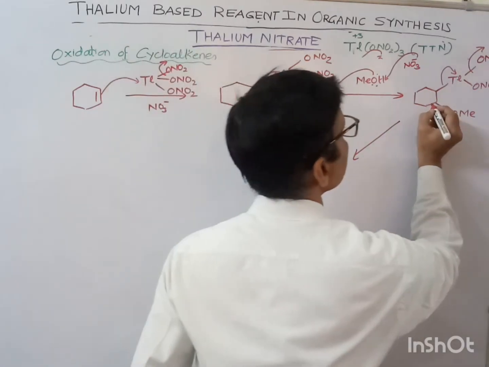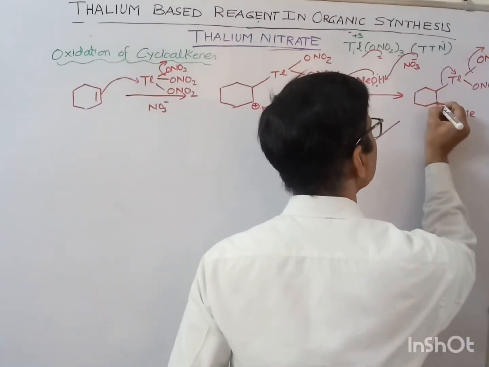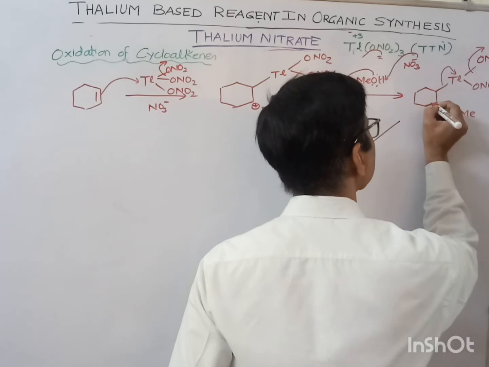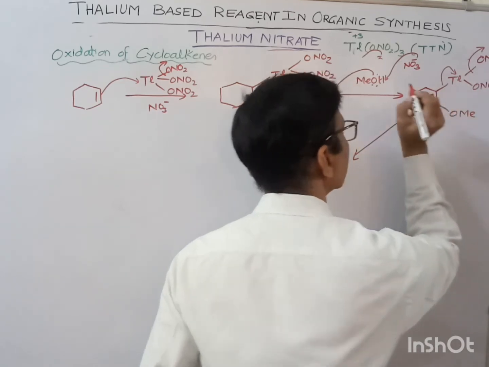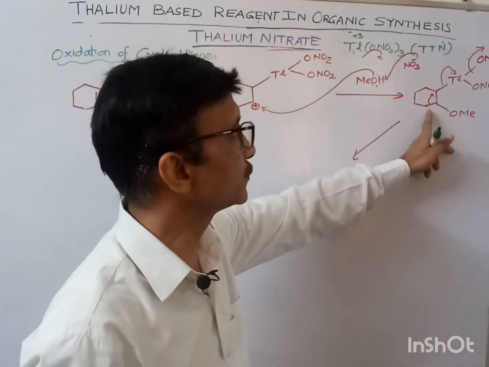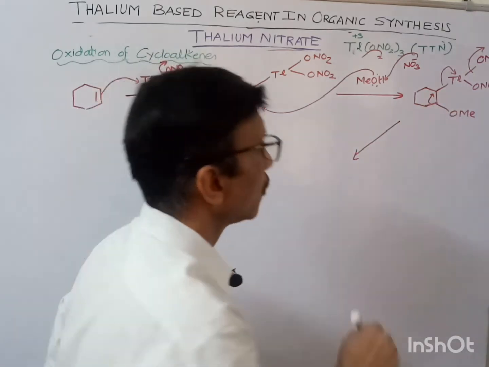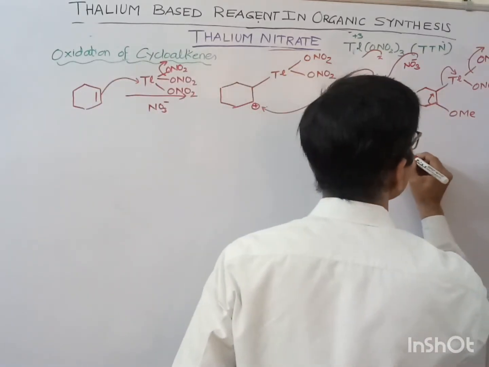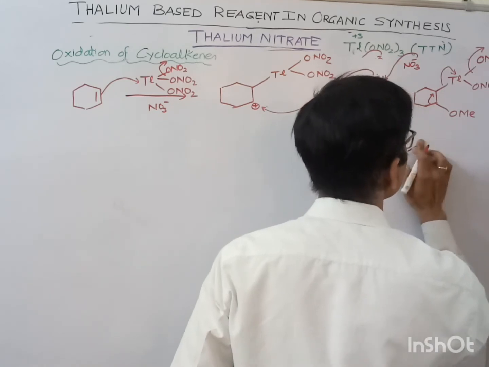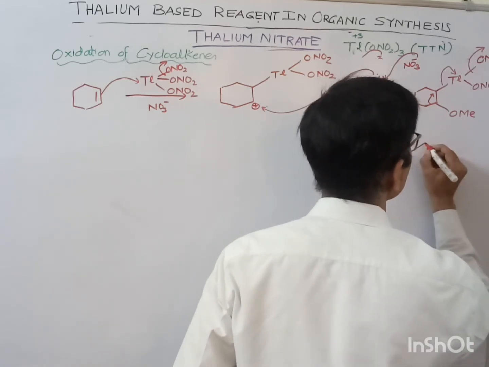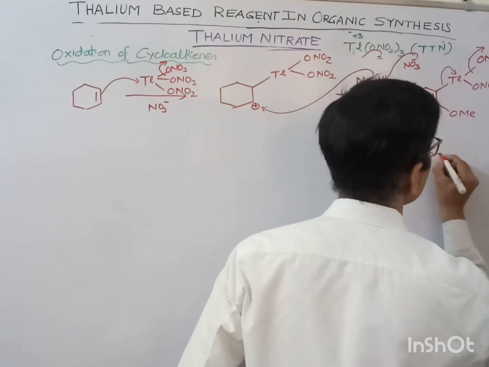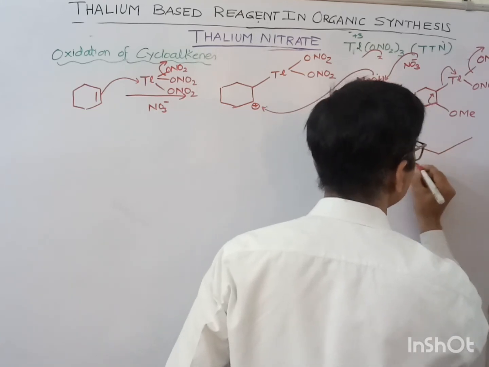Now the 1,2 alkyl shift: this bond will get broken and it can attack this one, so these electrons will go into the anti-bonding orbital present over here. Or otherwise we may write it in a chair form. Suppose I write it in a chair form.